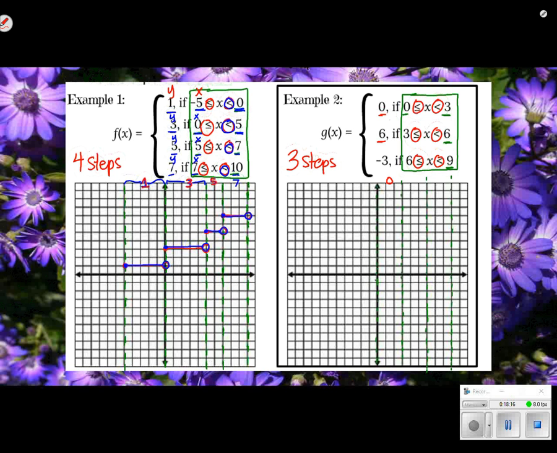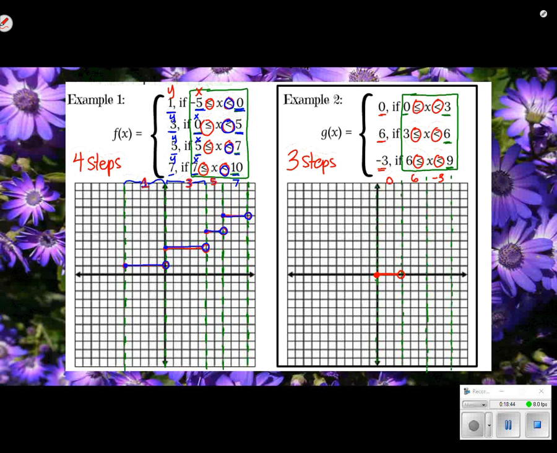Between 3 and 6, I'm going to have a y value of 6. Between 6 and 9, I'm going to have a y value of -3. Okay, so that just helps me know what my y values are. So I know that I start with a closed circle, end with an open circle. So I'm at 0. So 0, 0 is a closed circle. 3, 0 is an open circle, and connect it with a horizontal line.